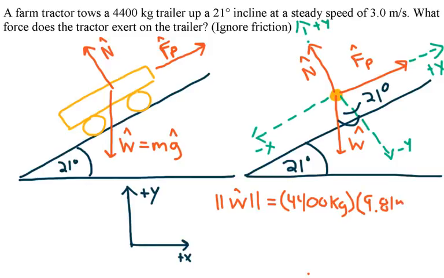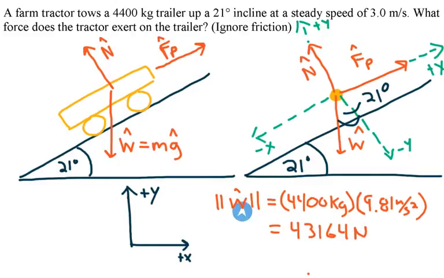Typing that into our calculator, we get approximately 43,164, and I'm not going to round this until the very end, just like we've done all year. So I'm going to keep this number. Every time I use this number, I'm going to use all the digits that are there.